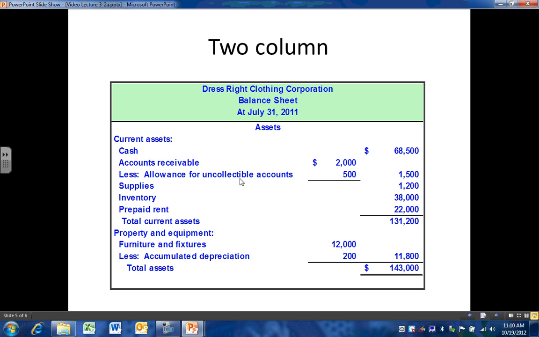The accounts receivable presented as simply the total of all the accounts outstanding, a valuation account presented, and then the net realizable value of the receivables, the total amount of receivables minus the allowance. And you have the furniture and fixtures, which are presented at historical cost. We then present a separate line for accumulated depreciation, and then the net amount for furniture and fixtures.